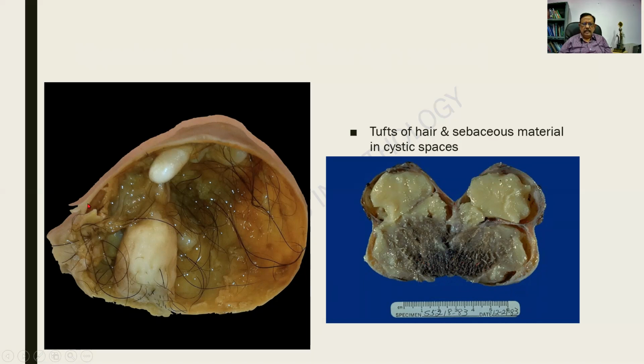This is another specimen of a teratoma in which I am finding a tooth, maybe another tooth or a fragment of a bone, a large cystic space which is showing jelly-like material, and this is a thin cyst wall. Please also observe the strands of hair which are traversing the cystic space.